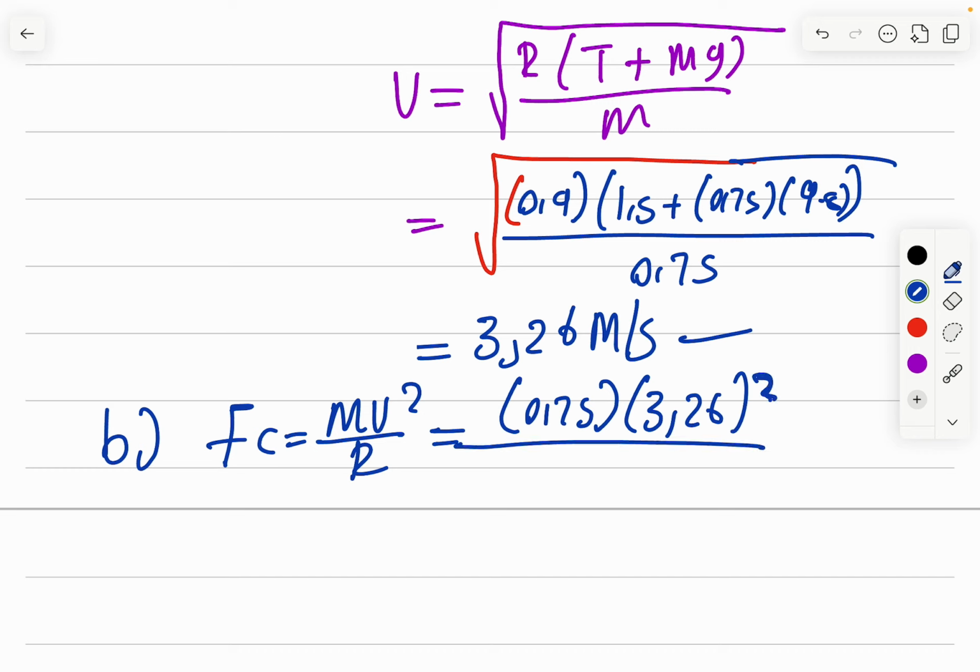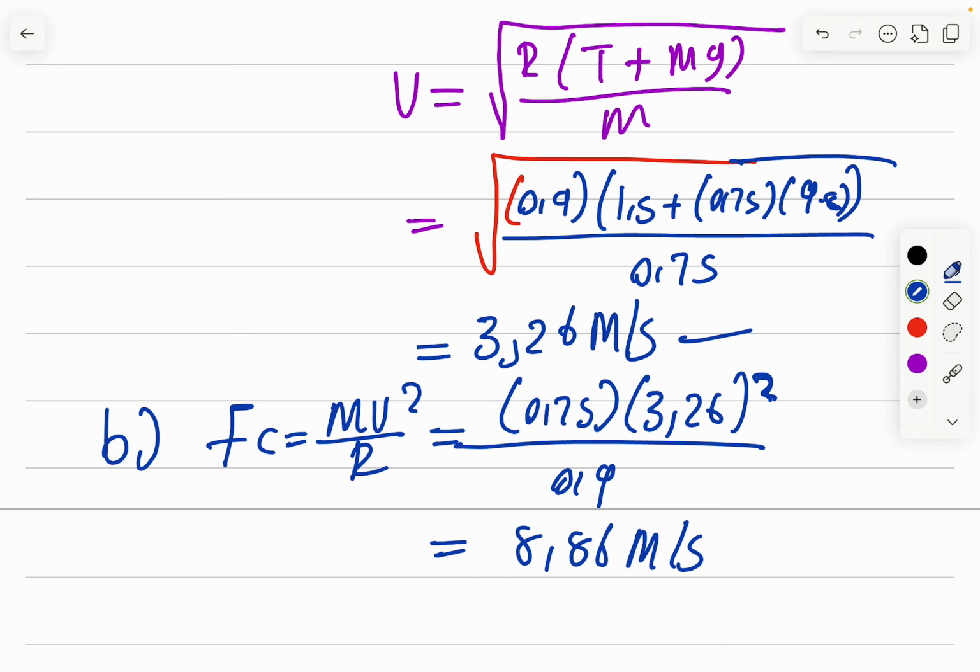The radius is 0.9. You press your calculator, you will be done. 0.75 multiplied by 3.26 all squared divided by 0.9. Therefore, your answer is going to be what?